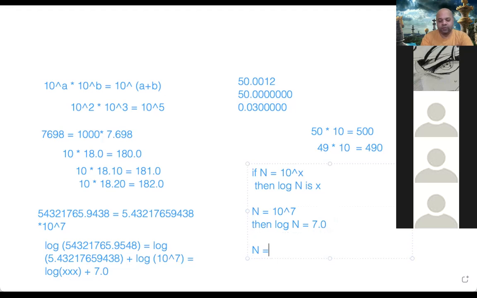If n is equal to 10 raised to 5, 1 lakh, then log of n is 5. So we get one part of the logarithm very simply by saying how many decimal places we have to shift. The other part we get by looking up in the table.